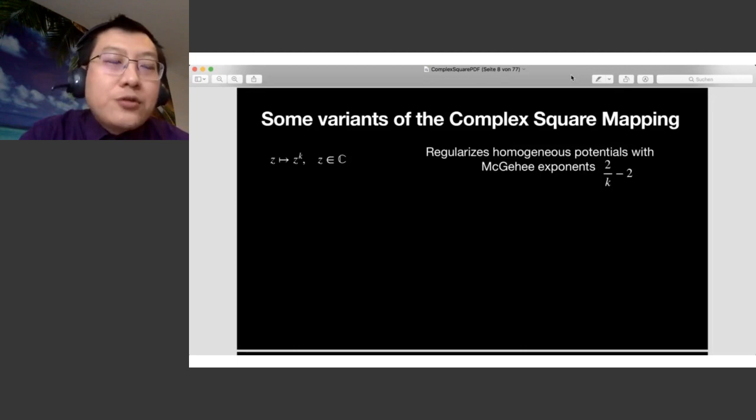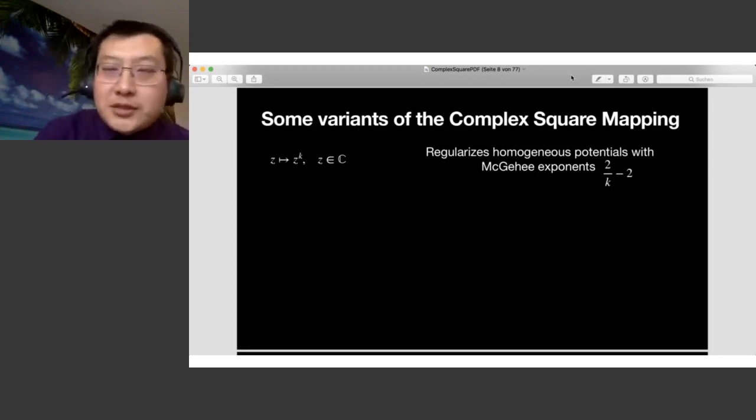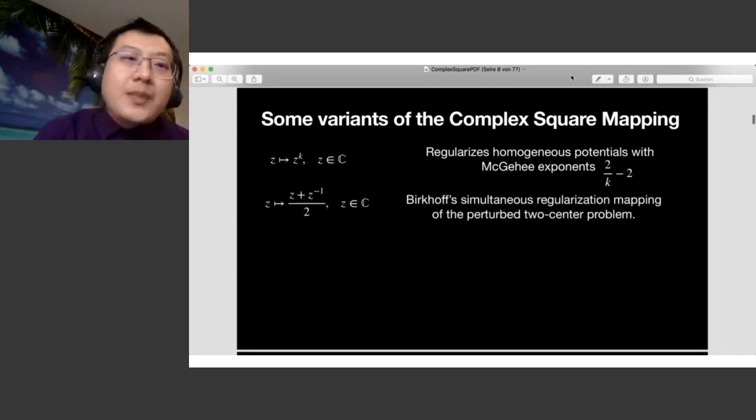Of course, a natural generalization of the mapping z to z squared would be the mapping z to z to the k, and such a mapping regularizes homogeneous potentials with exponent 2 over k minus 2, as has been shown by McGehee. Indeed, McGehee shows that only these exponents are block regularizable, and precisely this mapping regularizes this type of potentials.